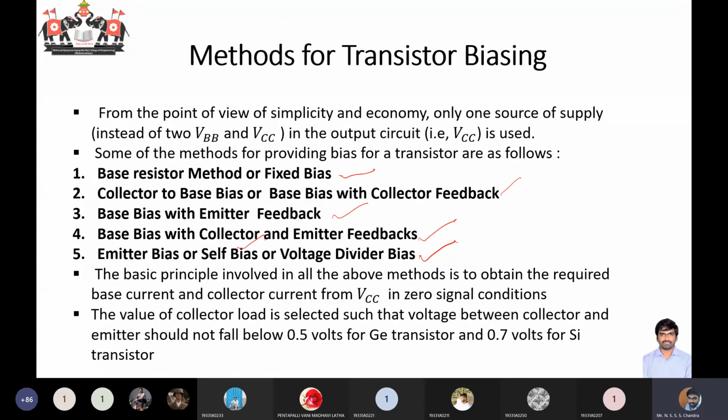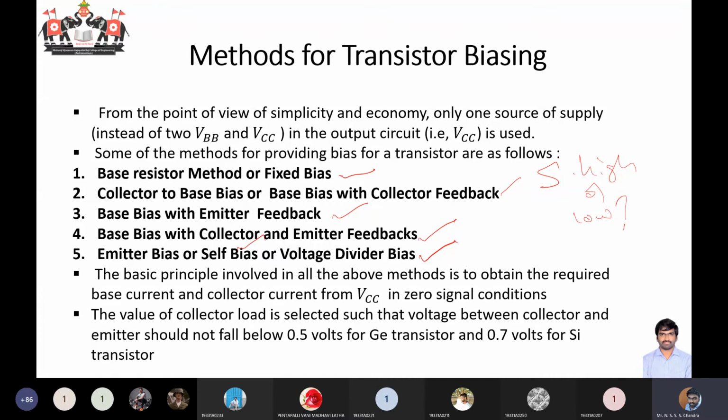We will be studying each of these bias circuits and checking the values of the stability factor. We need to check in each circuit whether the S value is high or low. If we say high value, are we going to take that circuit, or are we going to discard that circuit?